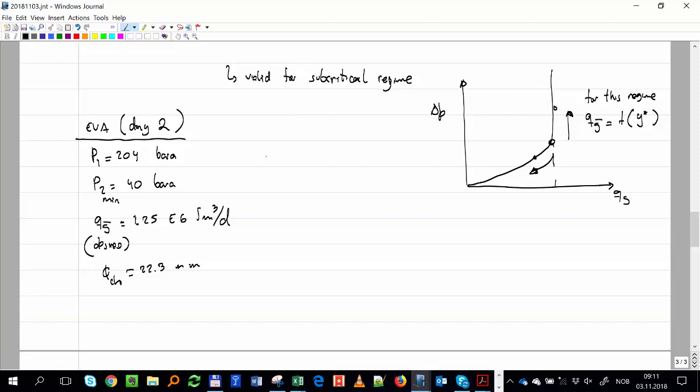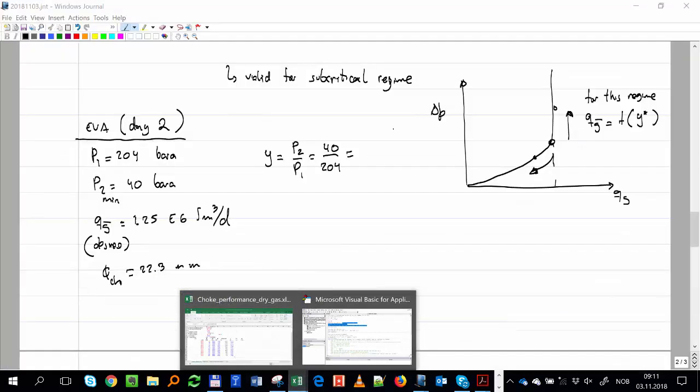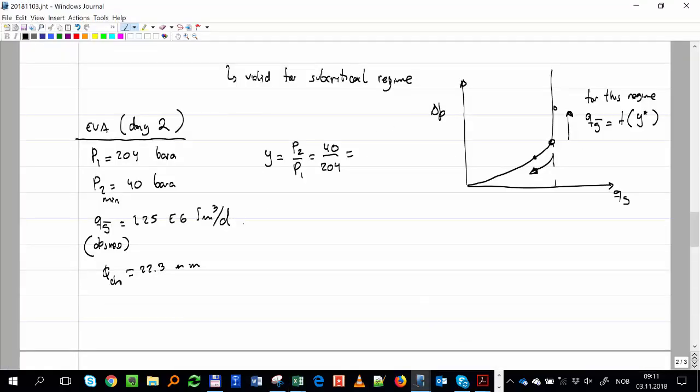That's very simple, right? We just say Y will be P2 over P1, and this will be 40 divided by 204. And how much is that? 204, I think. Oh, how much do we have in the Excel sheet? Yeah, 205.